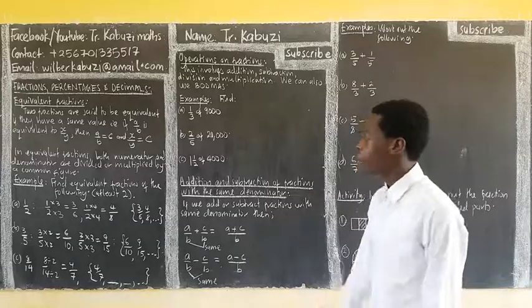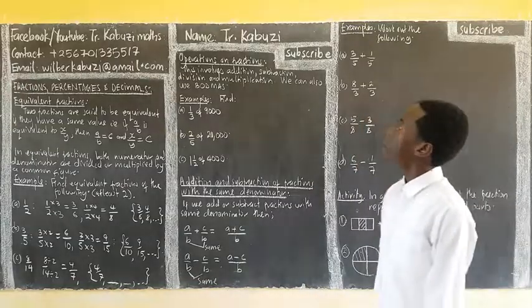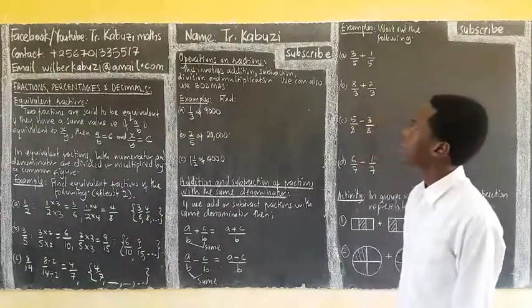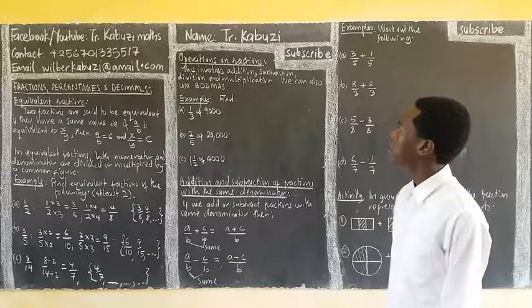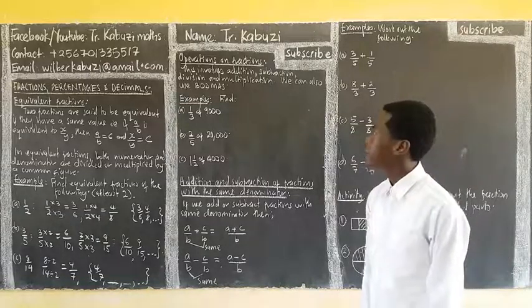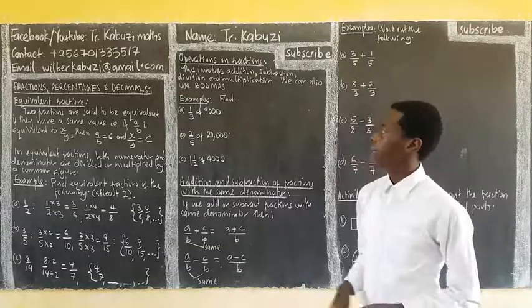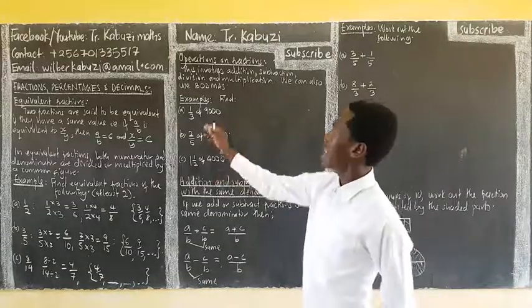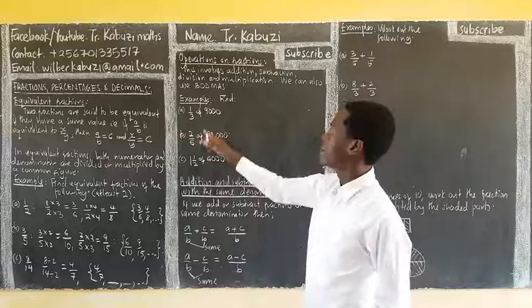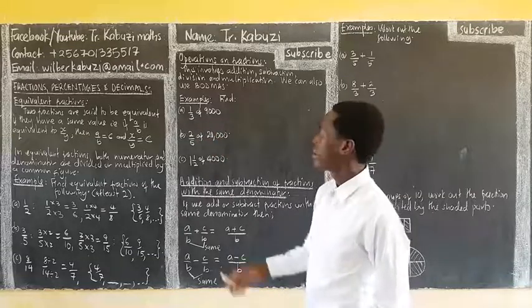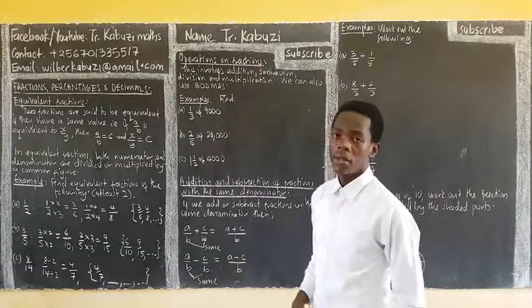Okay, let us see now operations on fractions. This involves addition, subtraction, division, and multiplication. You can also use BODMAS, as you're going to see. So find a third of 9,000. Sometimes we call this one an operation.